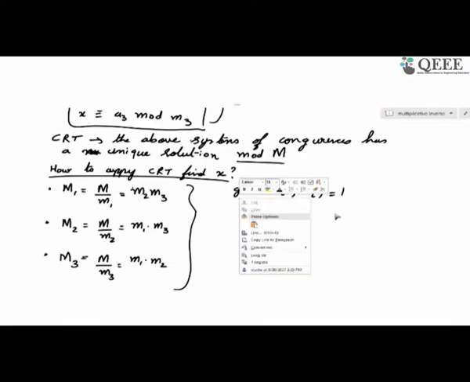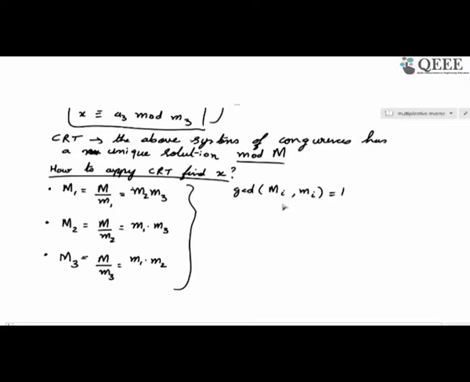Now since the GCD of Mi and small mi is equal to 1, these two are co-prime, and therefore capital Mi has a multiplicative inverse modulo small mi.